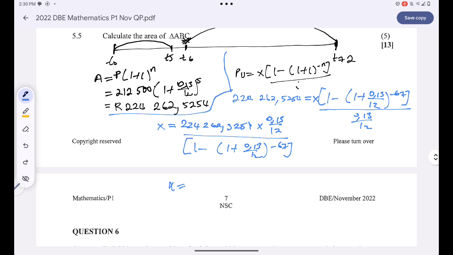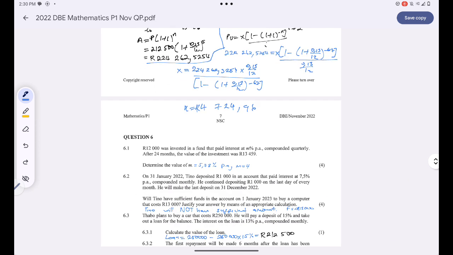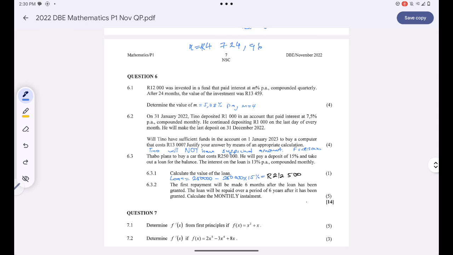So the amount of money that Thabo will pay every month to repay the loan is simply 4,724 rands 96 cents. This is how, guys, we're supposed to tackle this question.